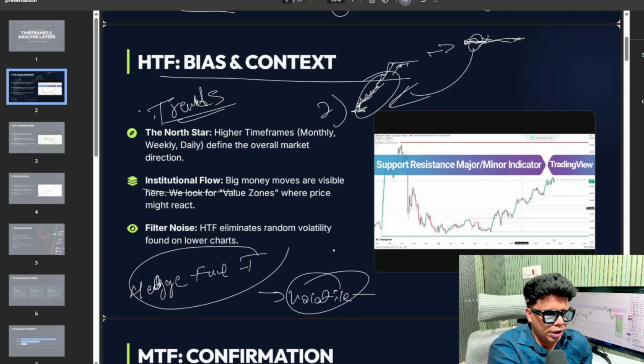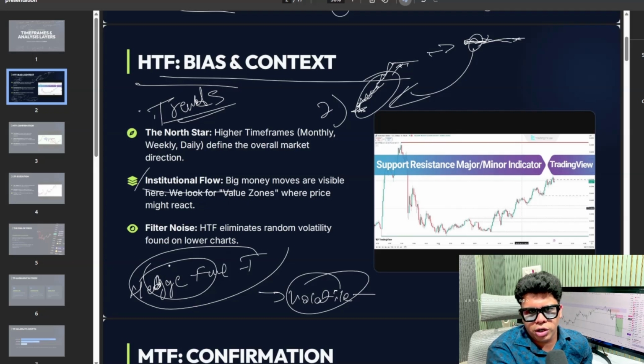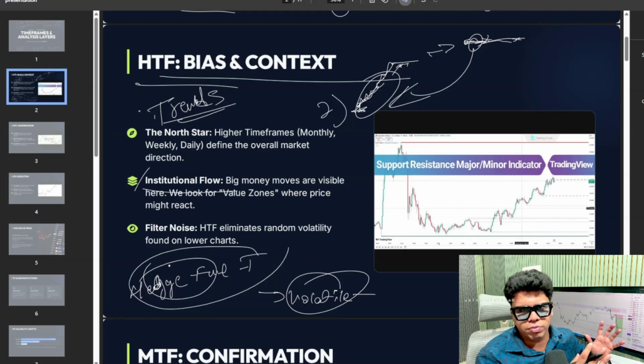We can avoid this volatility if we do the analysis in higher time frames. Hedge funds make big profits in short times by making big movements, so if we analyze higher time frames, we can avoid this noise, this volatility, and all the traps. Hope you get it.